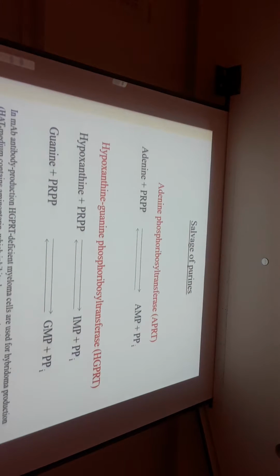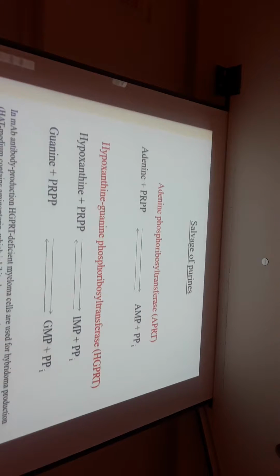So I have produced many monoclonal antibodies in my career, and what you use to cultivate these cell cultures is a particular medium, HAT medium, that contains aminopterin, hypoxanthine, and thymidine.